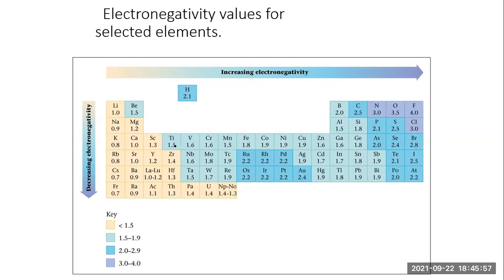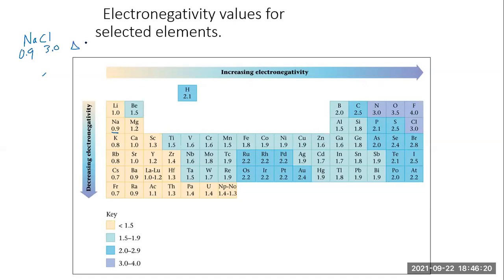Let's talk about a couple of the examples that we saw. We had originally a bond between sodium and chlorine to make sodium chloride. We could look on the table here for sodium. It is 0.9. Chlorine is 3.